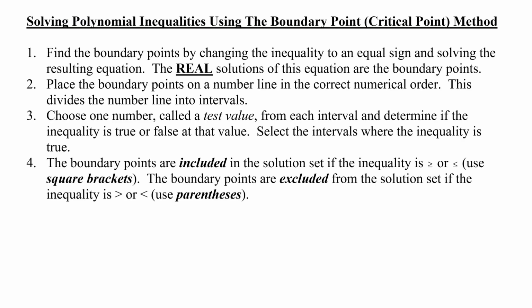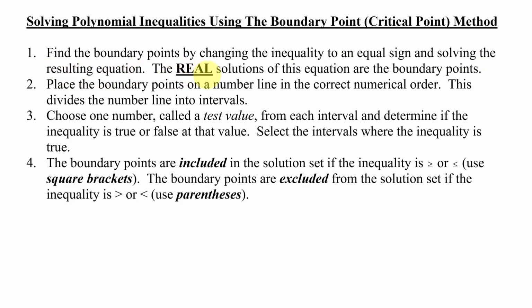And here are the steps for solving polynomial inequalities using the boundary point or critical point method. Step 1 says find the boundary points by changing the inequality to an equal sign and solving the resulting equation.